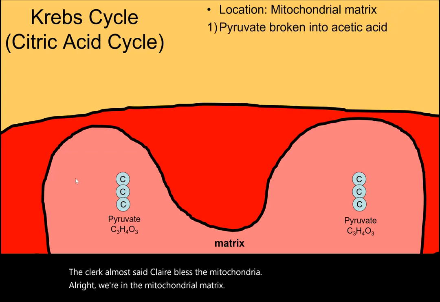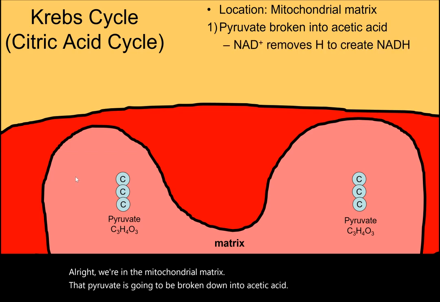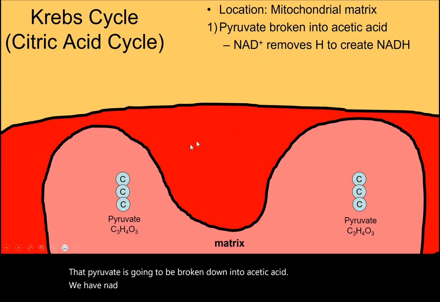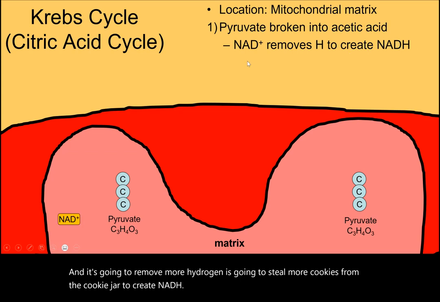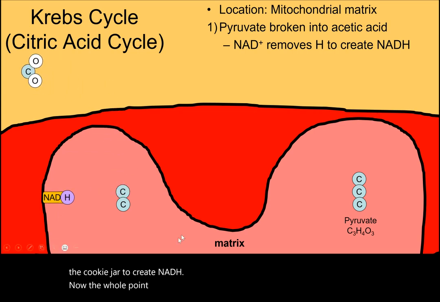That pyruvate is going to be broken down into acetic acid. We have NAD plus that's hanging out inside the mitochondria, and it's going to remove more hydrogen. It's going to steal more cookies from the cookie jar to create NADH. Now, the whole point of NADH is to carry hydrogens away.